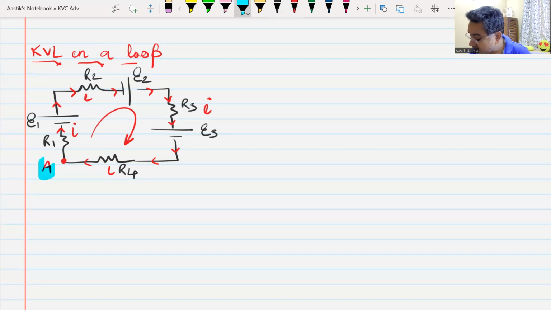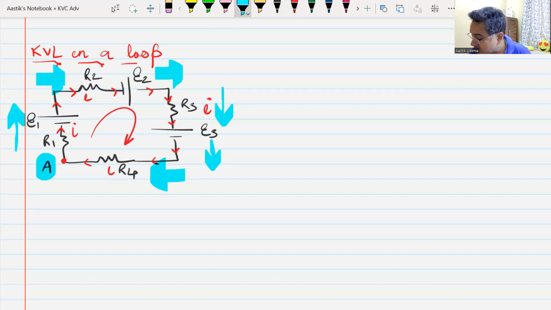Using Kirchhoff's law. So I start from point A and I will move in the circuit in this direction, which is shown by the direction of the loop. Do we understand this? Yes, sir. I will apply Kirchhoff's law. So I start from point A. I call the potential of point A as VA.